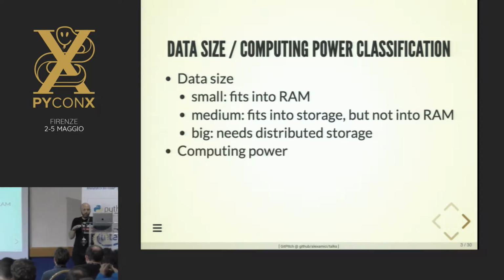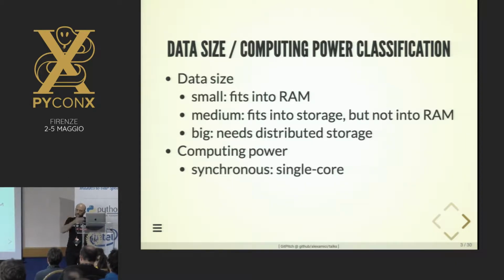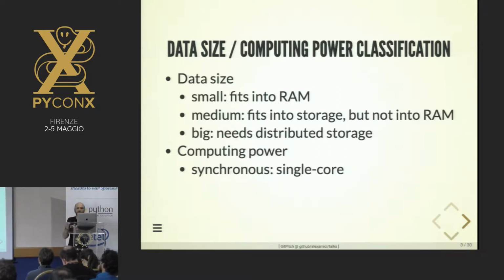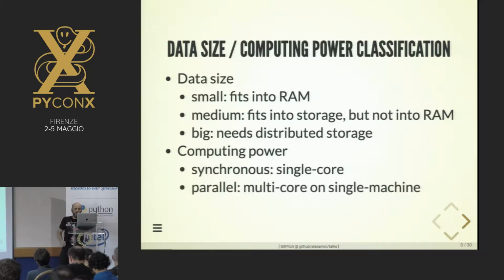By computing power, the easy classification is that you can use synchronous computing where just one single core is enough. This is whenever you're testing, it's usually fair. If you want to do something more complicated, especially with more data, you want to use parallel computing, at least multi-core, and on a single machine.